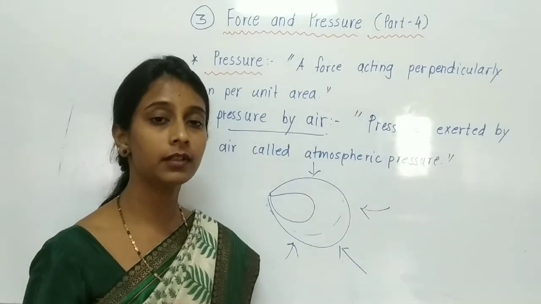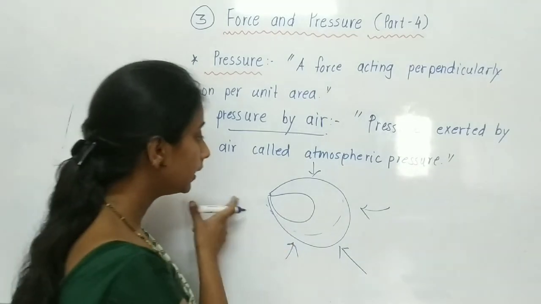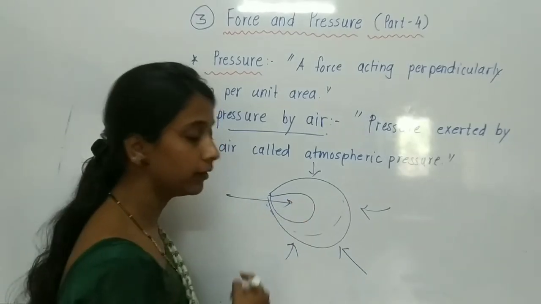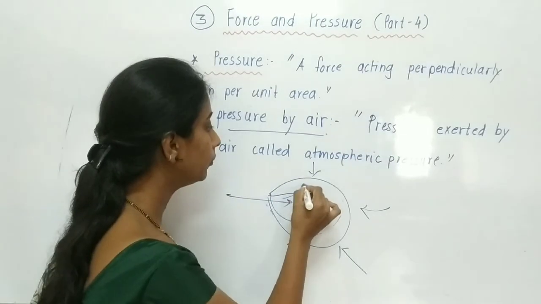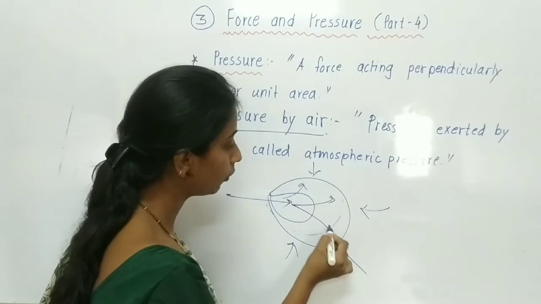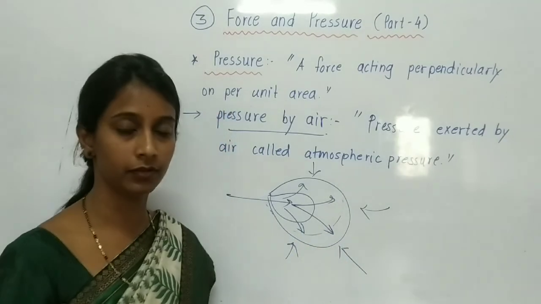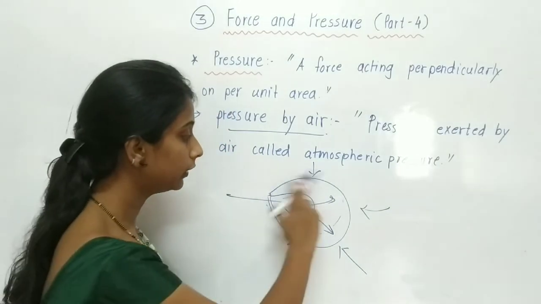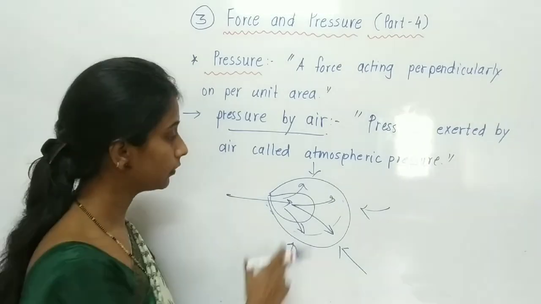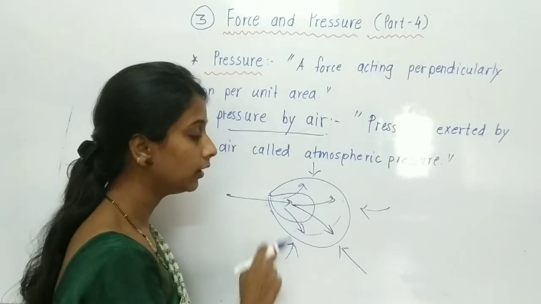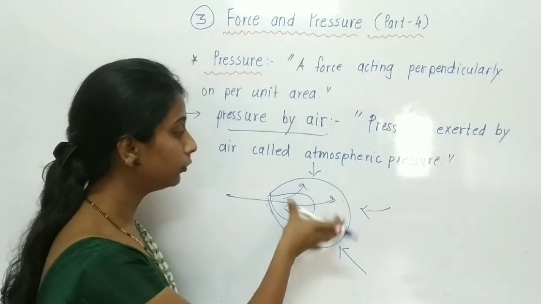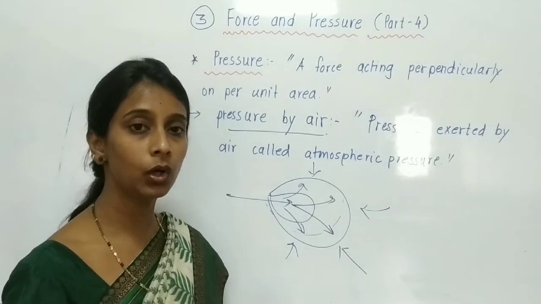It indicates that the air exerts pressure on the wall of the container from all directions. The same pressure is exerted everywhere, and due to that the balloon becomes large from all the sides.